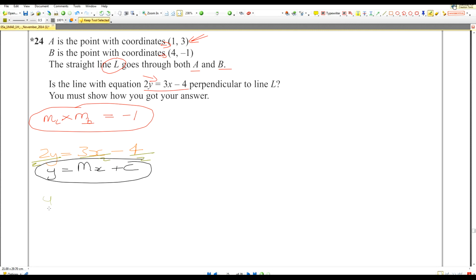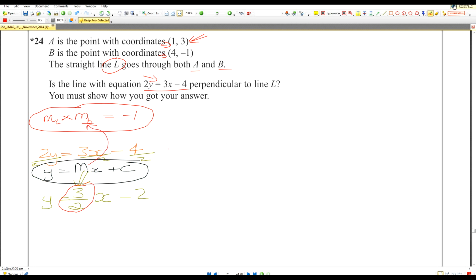So we now have y is equal to 3 over 2 x minus 4 divided by 2 is 2. So we can now clearly say that our gradient is 3 over 2. That's the line that's meant to be perpendicular, this one here.